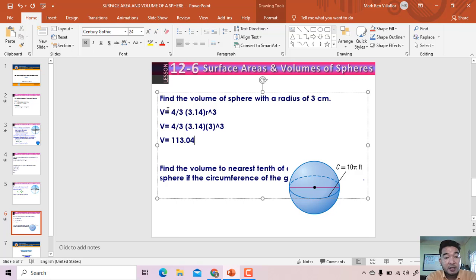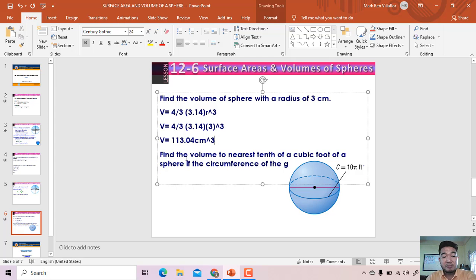And our unit is cubic centimeters. So the volume of the sphere with a radius of 3 centimeters is equal to 113.04 cubic centimeters.